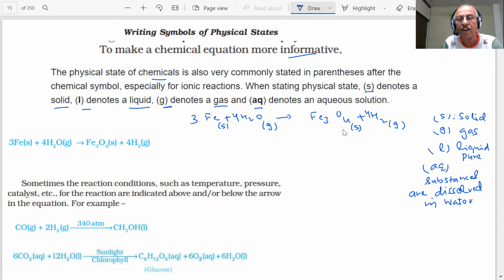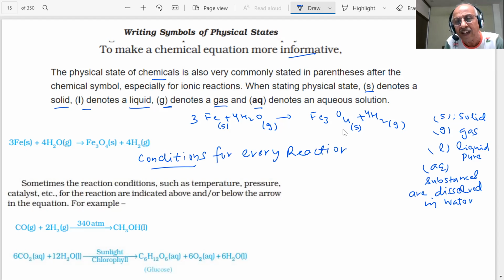Sometimes, student, the reaction conditions are also necessary. There are conditions for every reaction, students. Therefore, it becomes necessary to specify the conditions, meaning temperature, pressure, and catalyst.